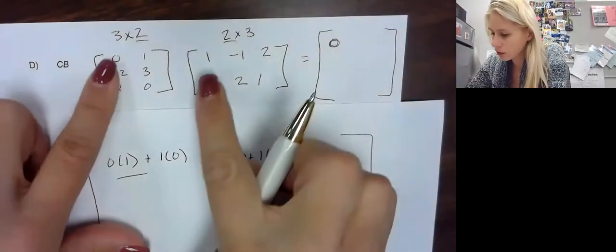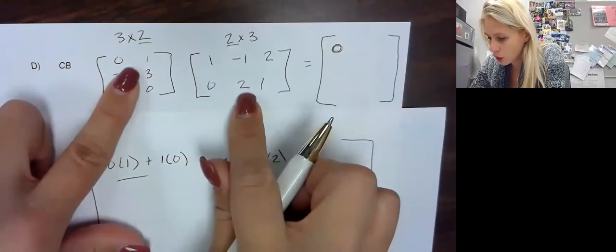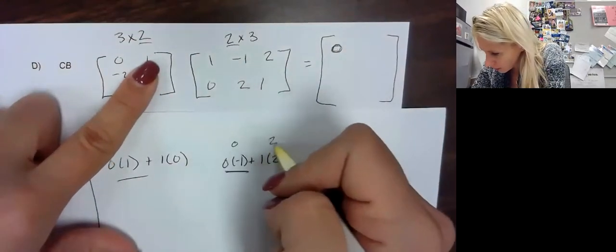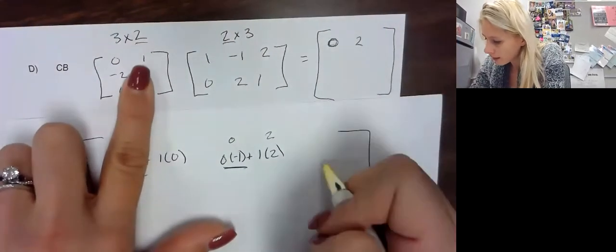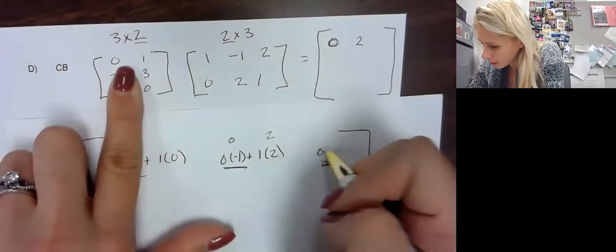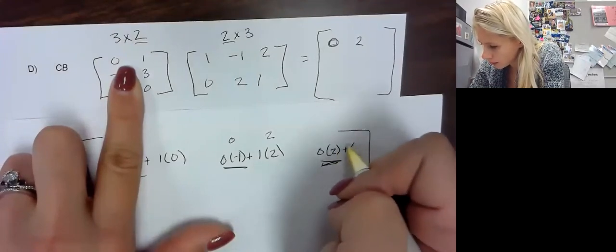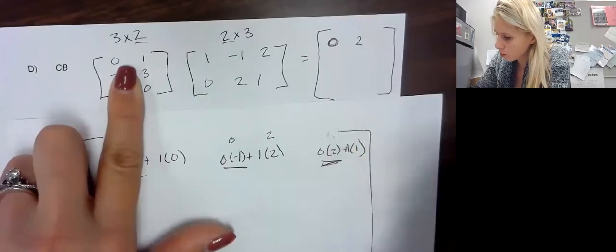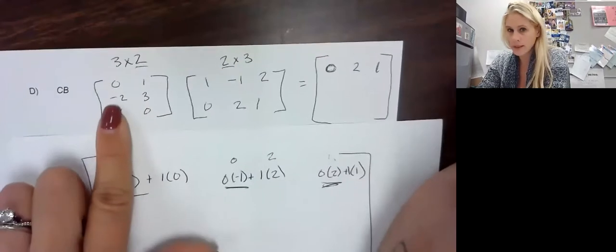If you guys don't notice, I'm doing row 1, column 2. That would be 0 and 2, which is 2. And I've got this third one here, which is 0 times 2 plus 1 times 1. That's 0 and 1, which is 1. Okay, next one.